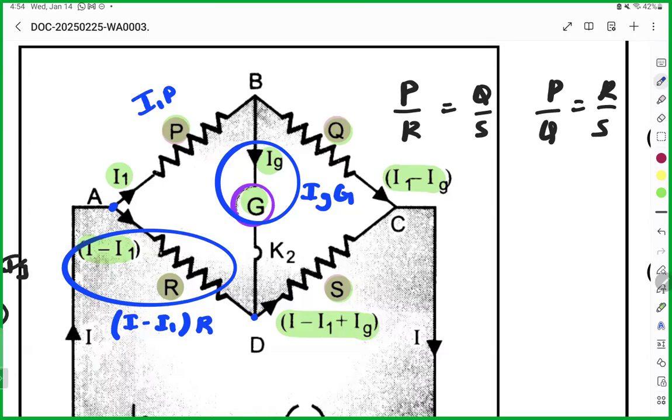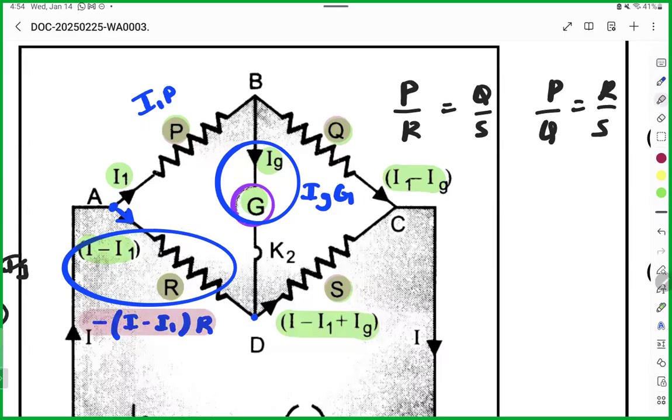But this value will be negative. Why? You are moving from D to A, and the arrow of the current is opposite. The arrow of current is from A to D, but you are moving from D to A. That's why you have to take negative.